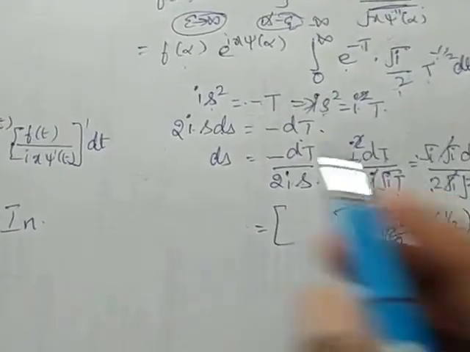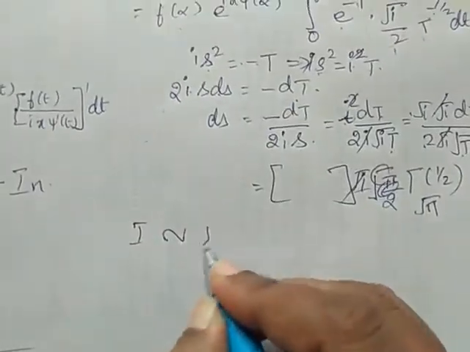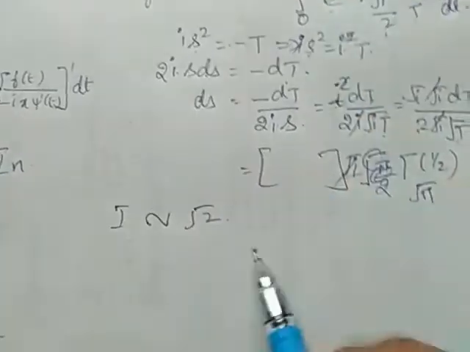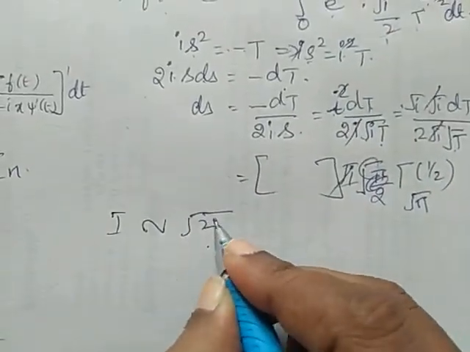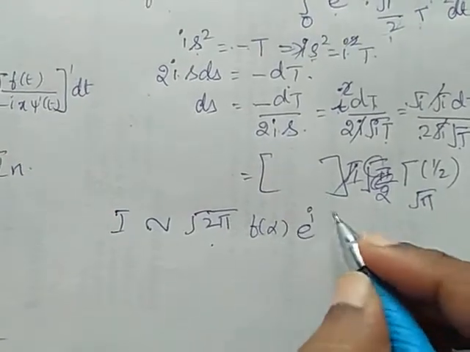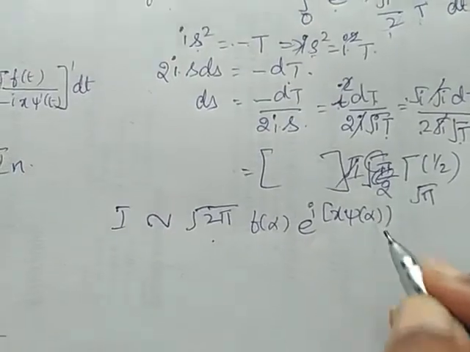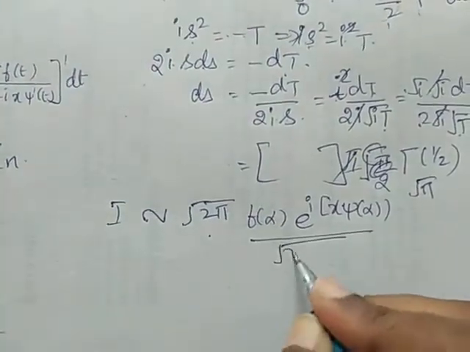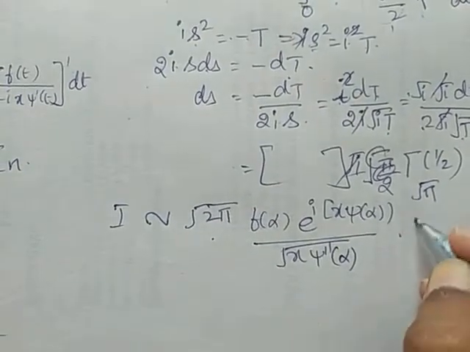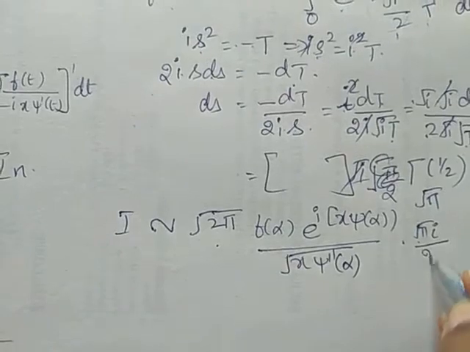So I is asymptotic to root 2 pi f(α) e^{ixξ(α)} by root of x ξ''(α), into root i by 2.